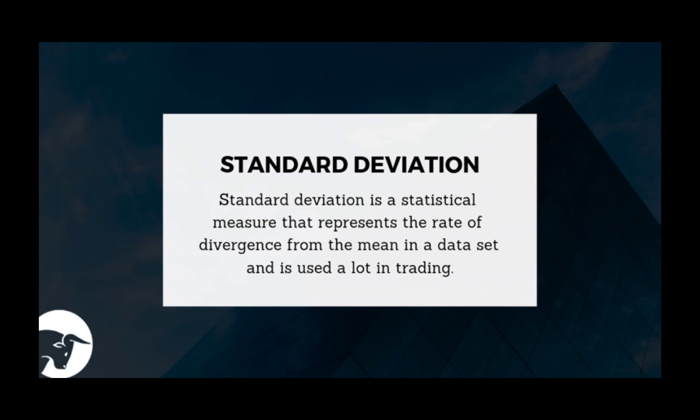Because we are neglecting the sign, it has a great impact on the conclusion. So to overcome this difficulty, we have the other measure of dispersion, known as standard deviation.